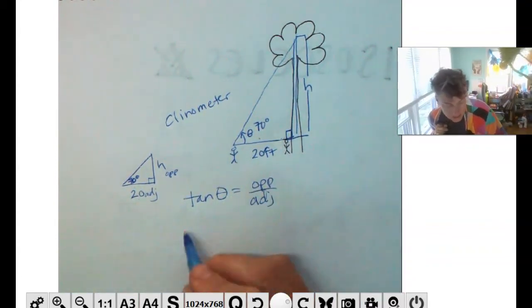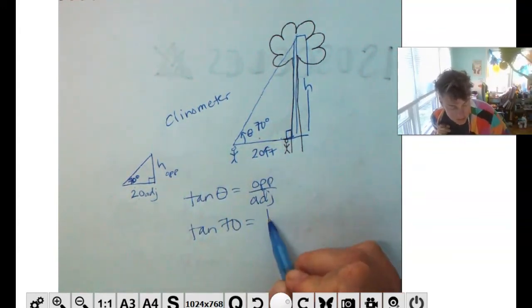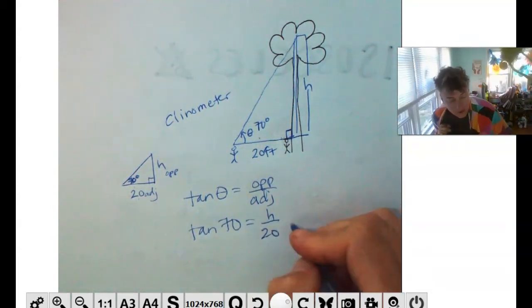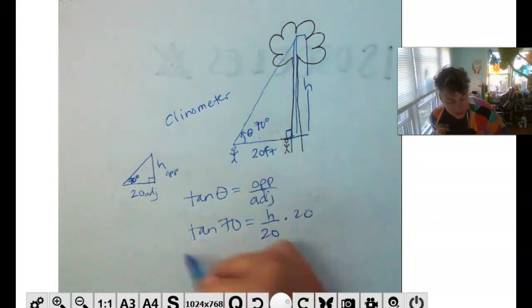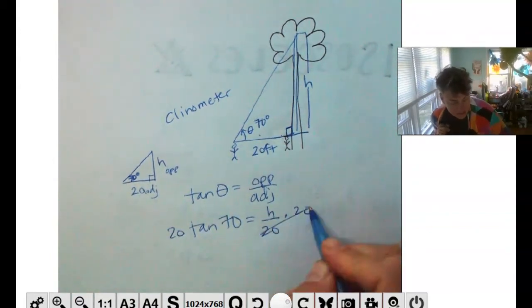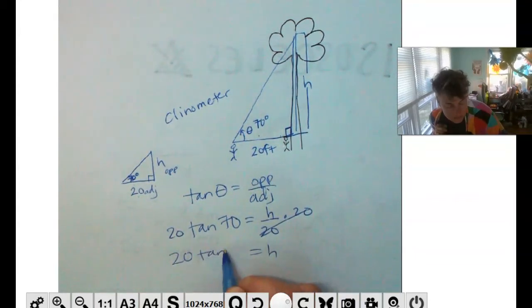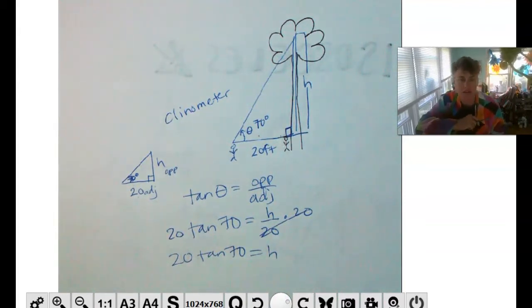So the tangent of 70 degrees is our opposite side, h, over our adjacent side, 20. We want to find h. We want to find that opposite side, so we multiply by 20 on both sides. That cancels out. We have our height is 20 times the tangent of 70 degrees. So we go to our handy-dandy calculator.